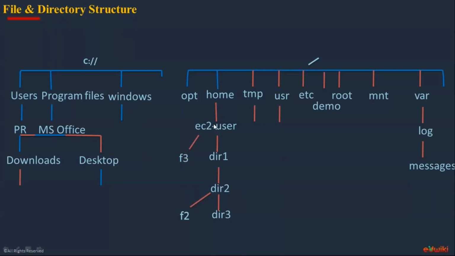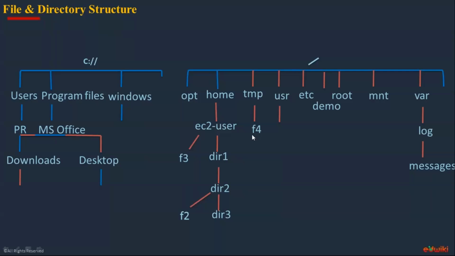The F3 file is in slash, under that home, under that ec2-user, under that there is a file called F3. That is how we need to locate the file, guys. Where is the F4 file? The F4 file is in the root directory. Inside that, the tmp directory, inside that the F4 file is there.